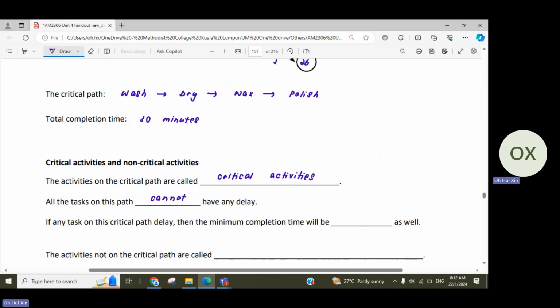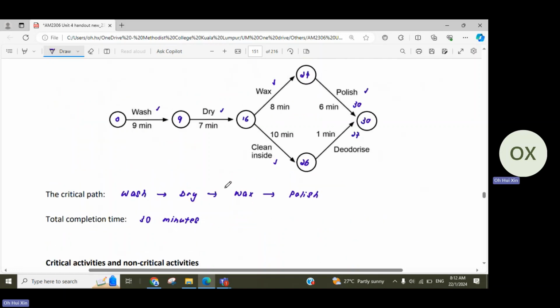Okay, I repeat one more time. Critical activities are the most important activities. You must make sure that these activities are not delayed, because if you delay any task on the critical path, then your minimum completion time will be delayed as well. This is our critical path, right? So when you add 9, 7, 8, 6, you get 30.